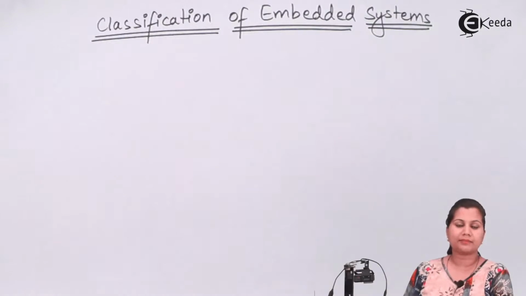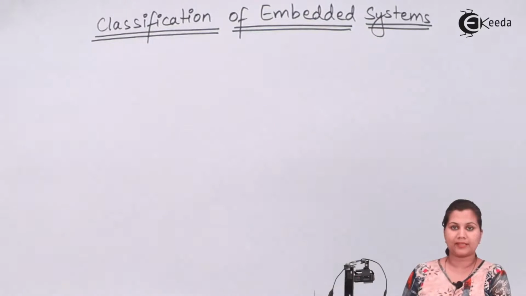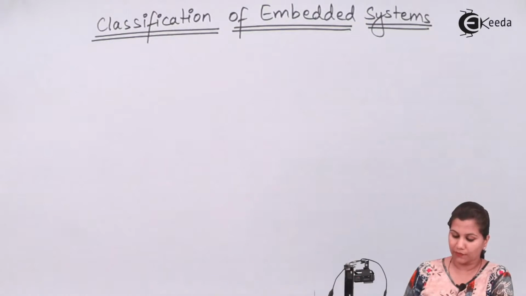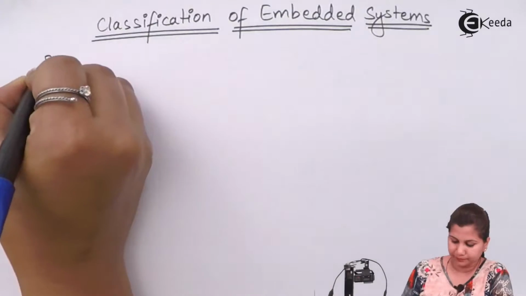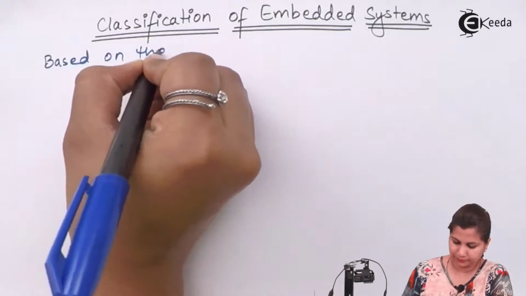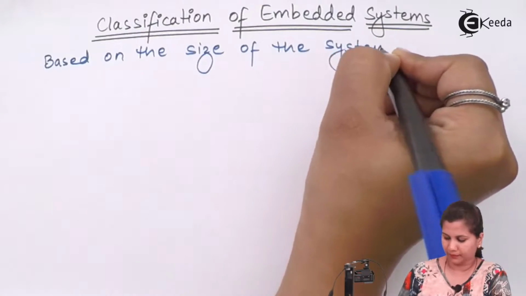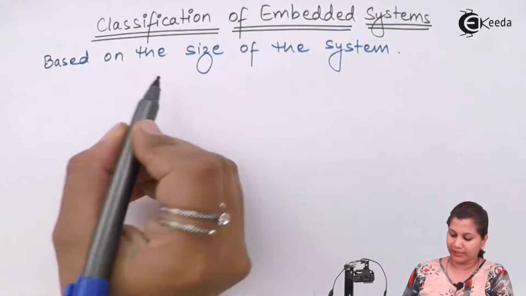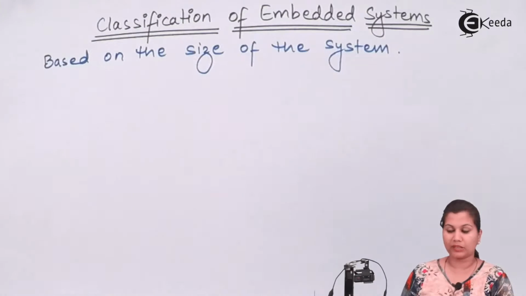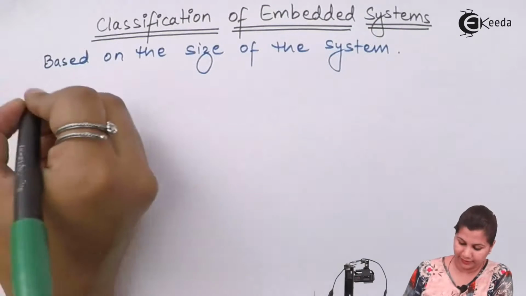The embedded systems can be classified on the basis of various categories. So here we will see the classification on the basis of size of the system. Based on this criteria, the embedded systems are classified into three categories.